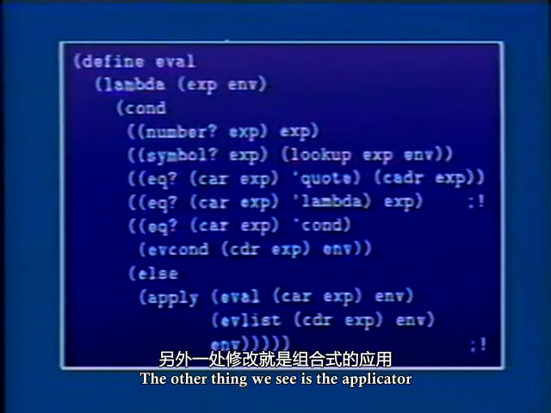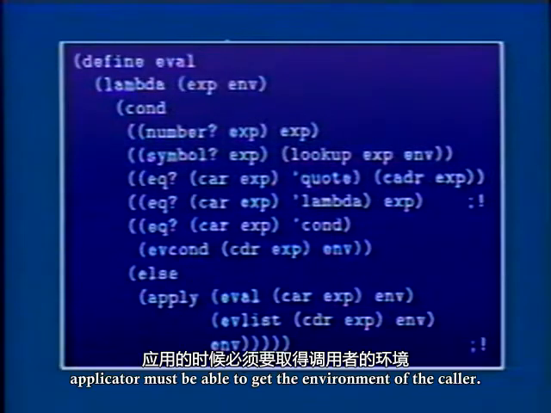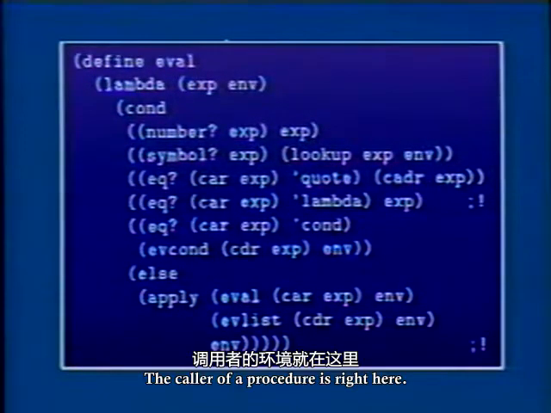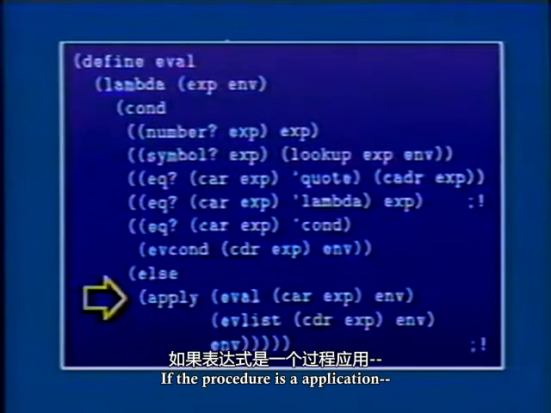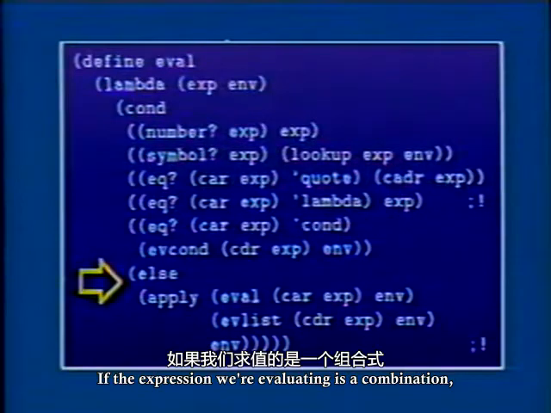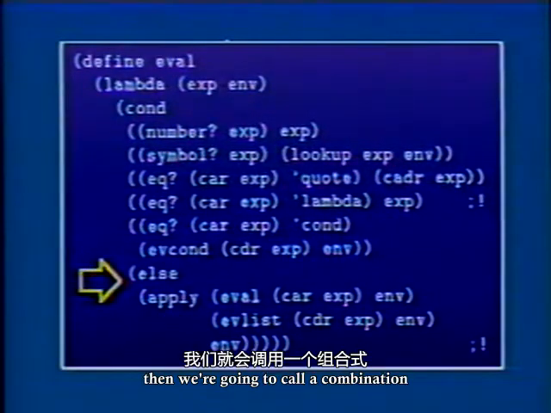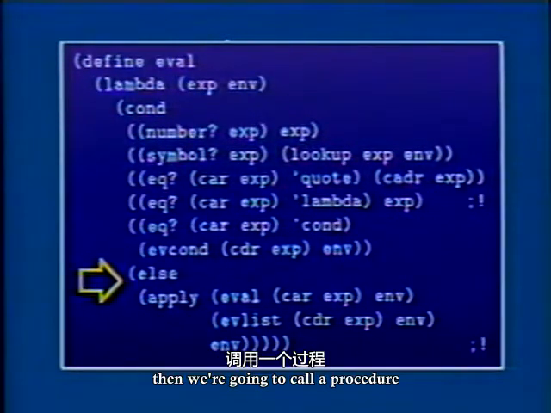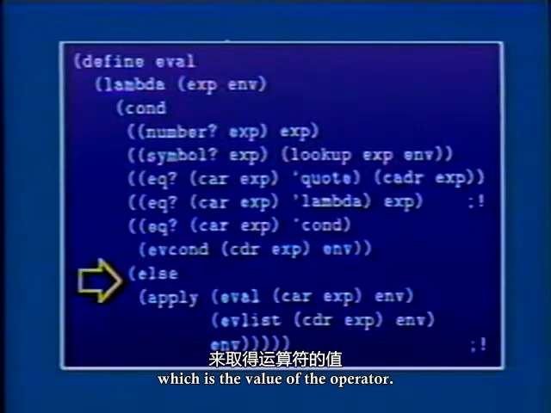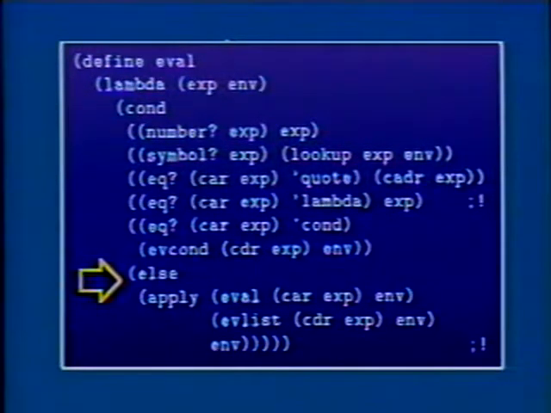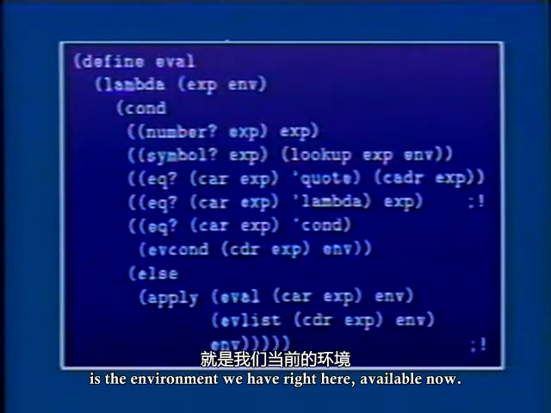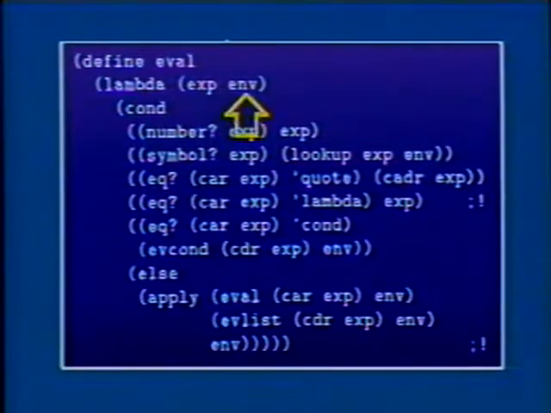Okay? The other thing we see is the applicator must be able to get the environment of the caller. The caller of a procedure is right here. If the expression we're evaluating is an application, a combination, then we're going to call a procedure which is the value of the operator. The environment of the caller is the environment we have right here, available now.